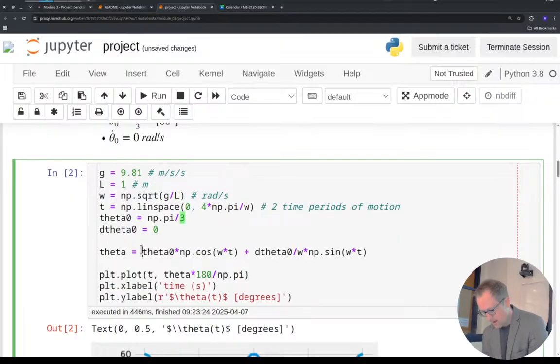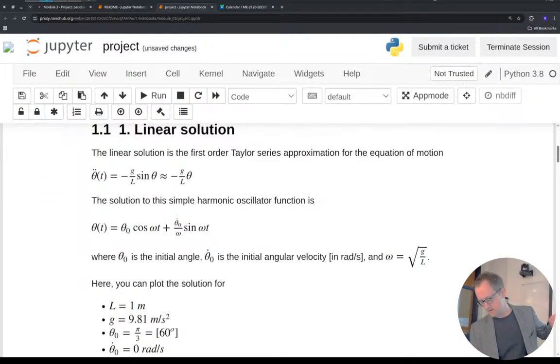For that linear solution, do we have it written out? Yeah, it's written out. For that linear differential equation, this is the solution. We can derive it using differential equations, or you can always say I have a second order differential equation with only position in it, and this is going to be your answer. Initial angle times the cosine term, and then initial speed times the sine term, which makes sense because cosine has a 0 slope, so it tells you how big your initial angle is.